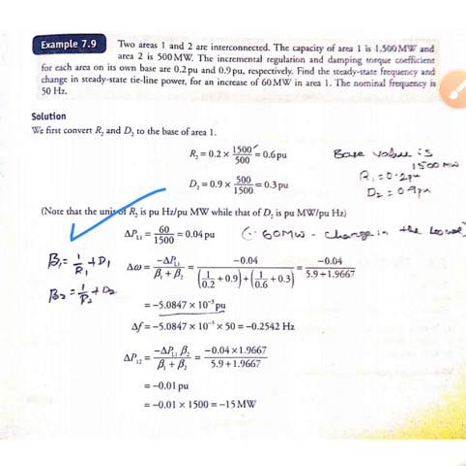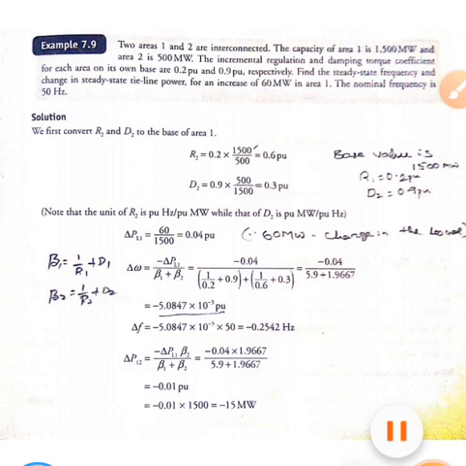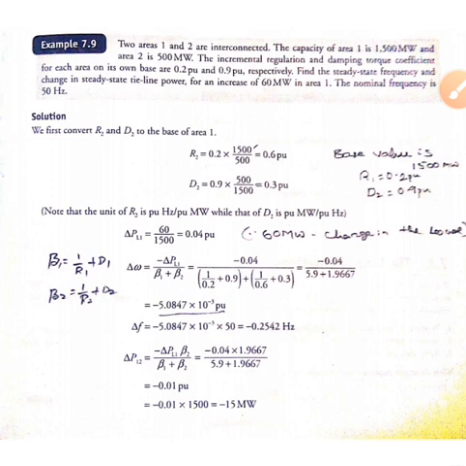Beta 2 is equal to 1 divided by R2 plus D2, right? You can calculate beta 1 and beta 2 separately by substituting the R1, D1, R2, D2 values in those two formulae, and after that you get the values of beta 1 and beta 2.